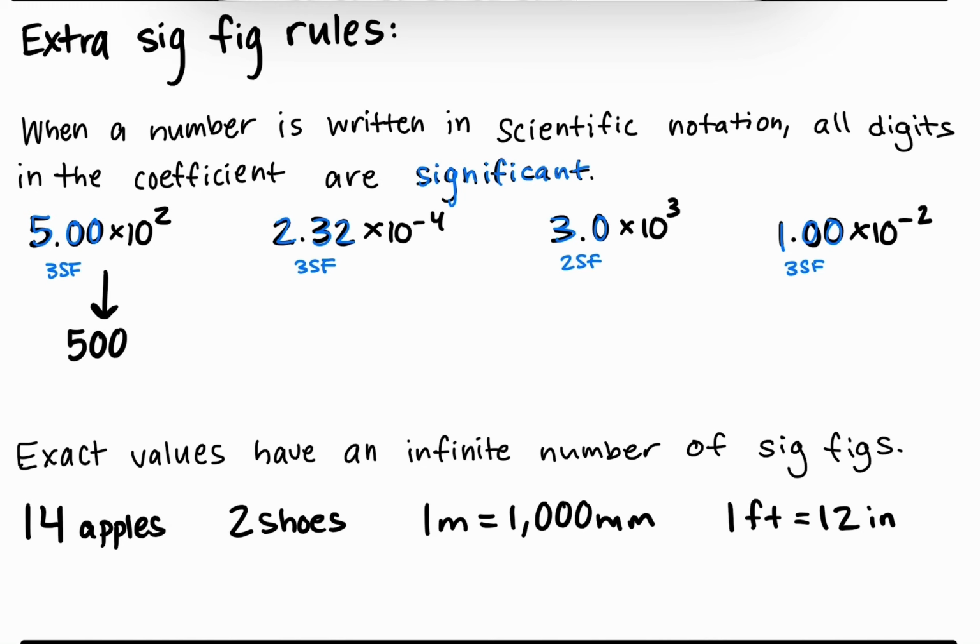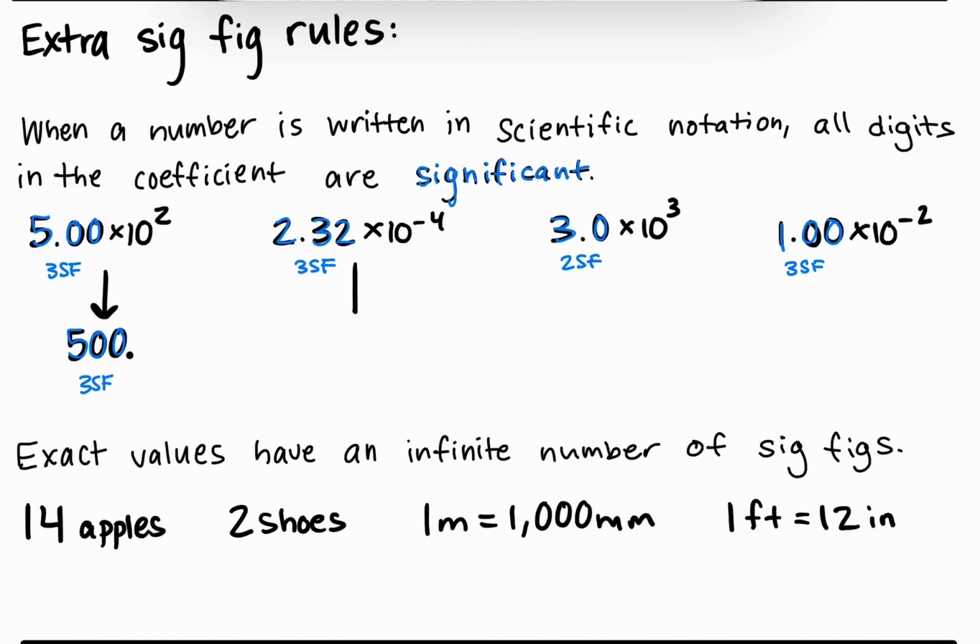But as written, this value right here only has 1 sig fig. But we know that the true value has 3 significant figures. So we have to put a period at the end to signify that those zeros are also significant. That way, this number also has 3 sig figs.